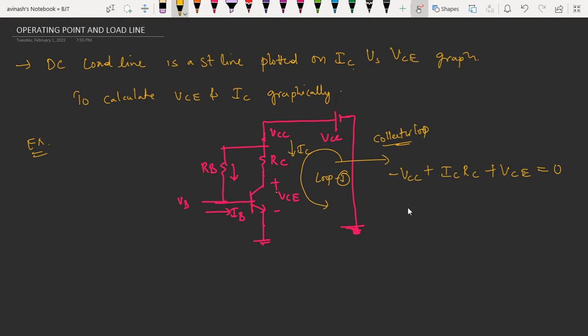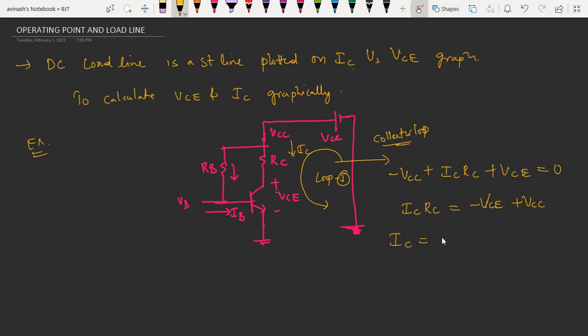Now IC into RC is equal to minus VCE plus VCC.